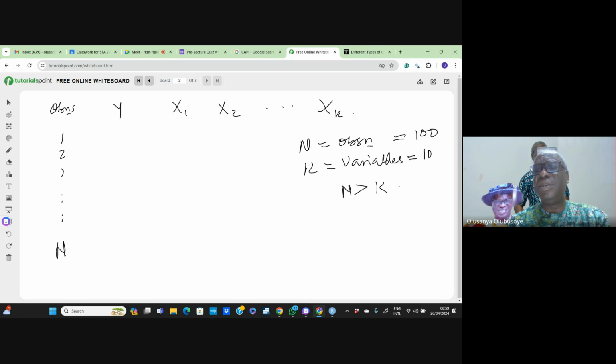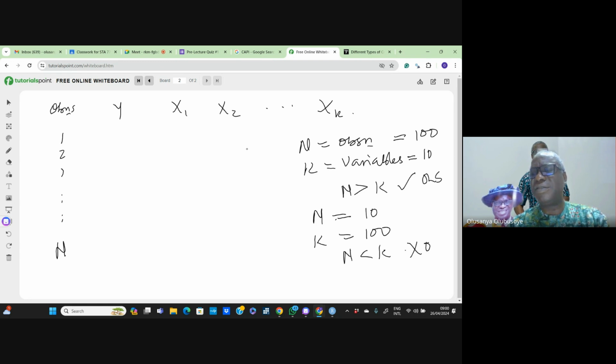Now, in this situation, you can apply OLS. You can apply any other technique because you have more observations than variables. But let's look at the case where n is 10 and k is 100. In this situation, you have n less than k.